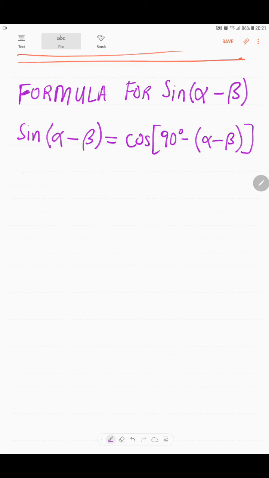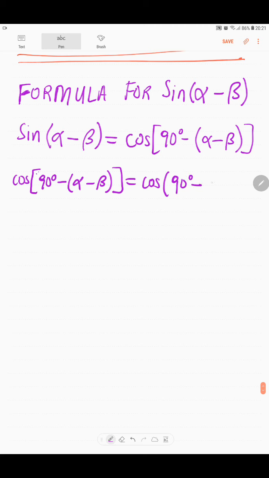Then cos 90 minus alpha minus beta is cleared out into cos 90 minus alpha plus beta, because a negative by a negative gives you a positive.